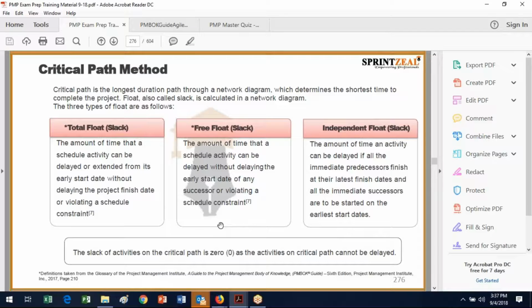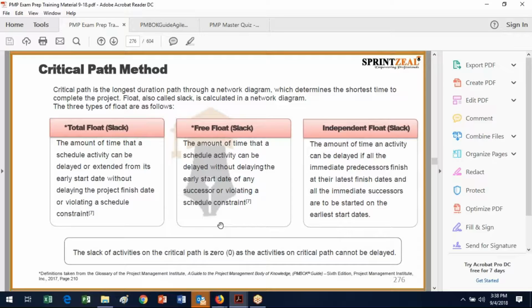Tell me when you're ready to go on. So here's my question on this. On a test, what would you look for to differentiate between these? Would the total float be just the slack where it can be delayed without delaying a project's finish date, extended from its early start date?